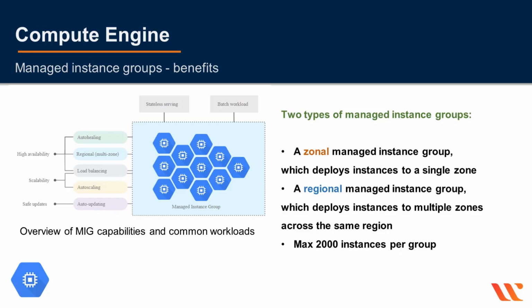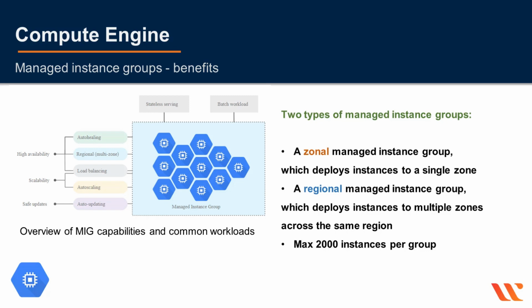Regional and zonal groups. You can create two types of managed instance groups. The zonal managed instance group deploys instances to a single zone. A regional managed instance group deploys instances to multiple zones across the same region. Both types offer all of the advantages of managed instance groups.